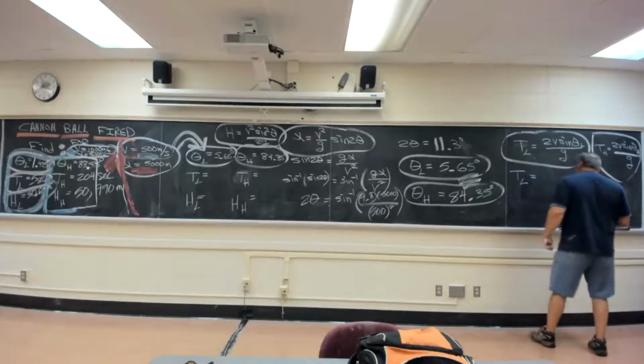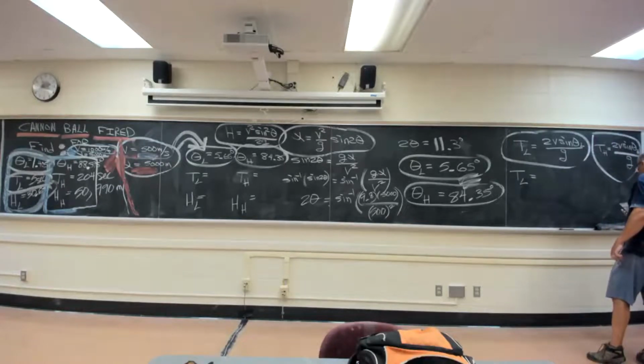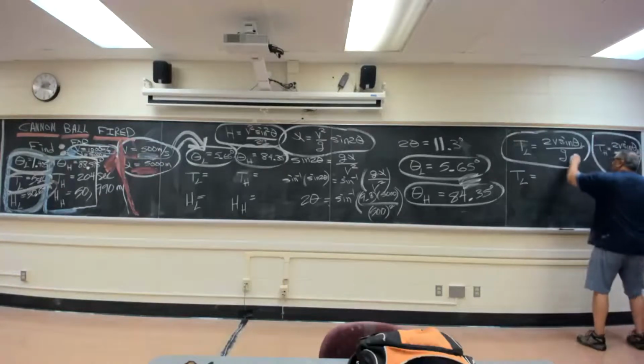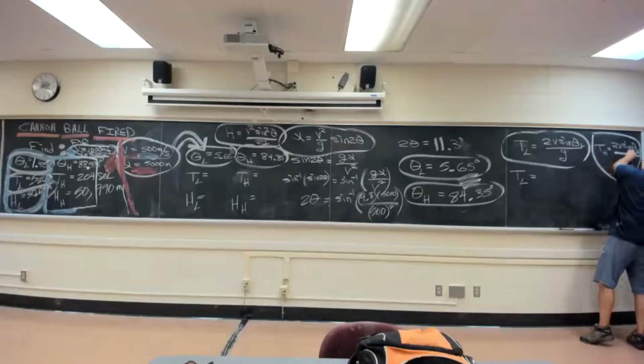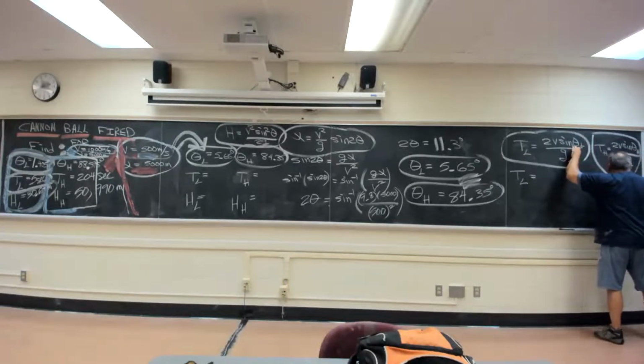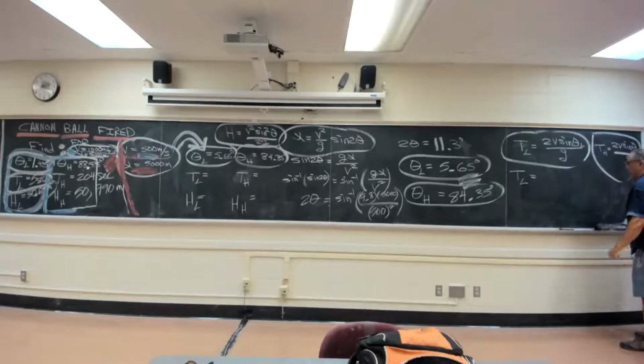How does this play out? We'll plug in the numbers here. This will be theta sub L, which is 5.65 degrees. Theta sub H is 84.35 degrees, and we just do the work we've got to do.